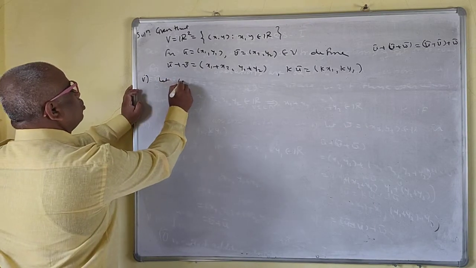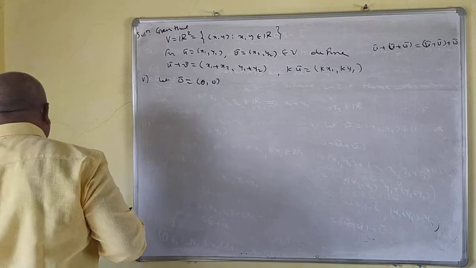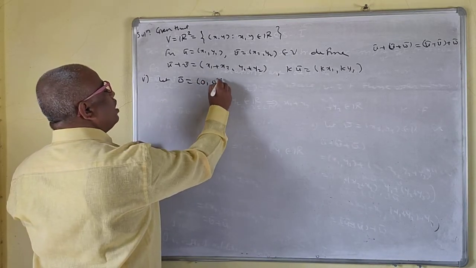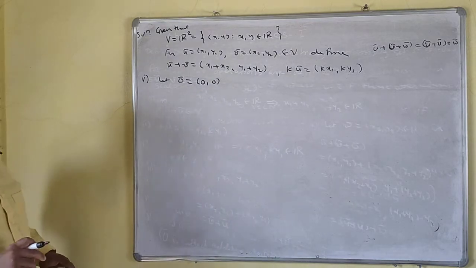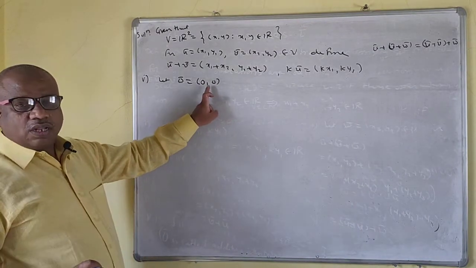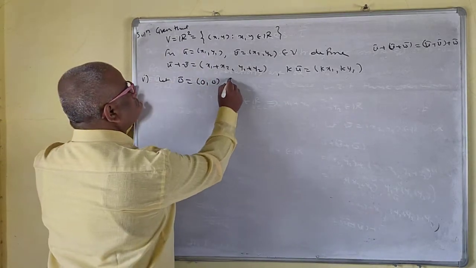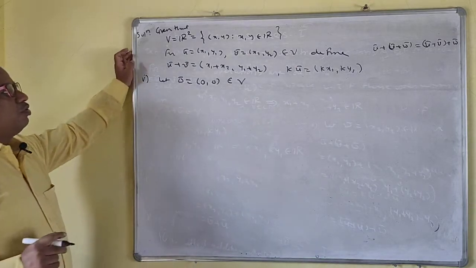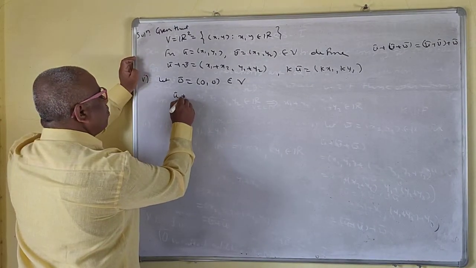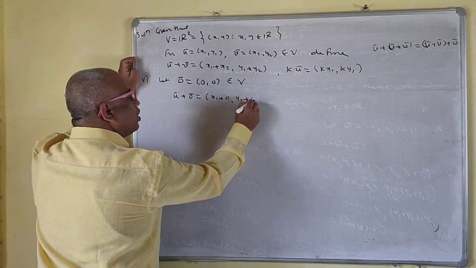Let 0 bar equal 0, 0. Now, is it a vector from V? Yes, because 0 is a real number, so this is a two-dimensional vector from R2 and belongs to V. Now we check: u bar plus 0 bar is x1 plus 0, y1 plus 0.